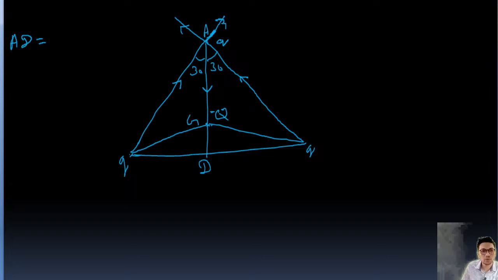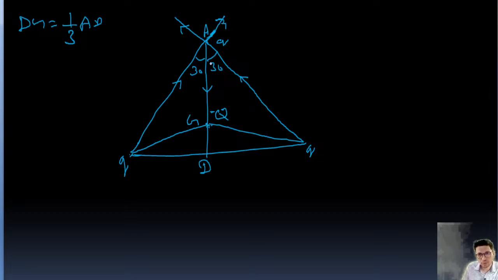DG, this distance, is equal to 1/3 of AD. So DG equals 1/3 of AD. This is the centroid, and there is a property of the centroid: this distance is going to be 1/3 of the total distance.